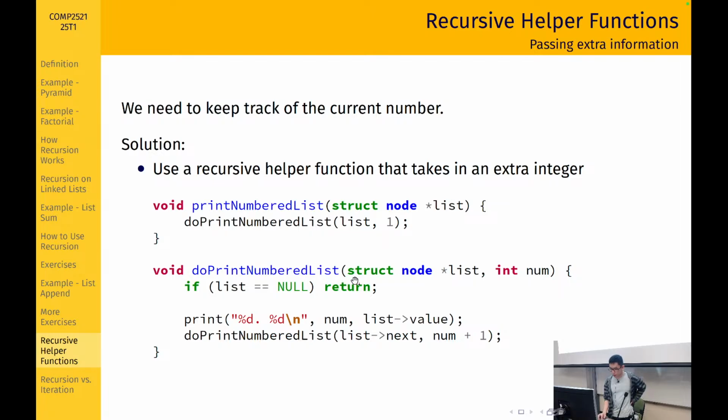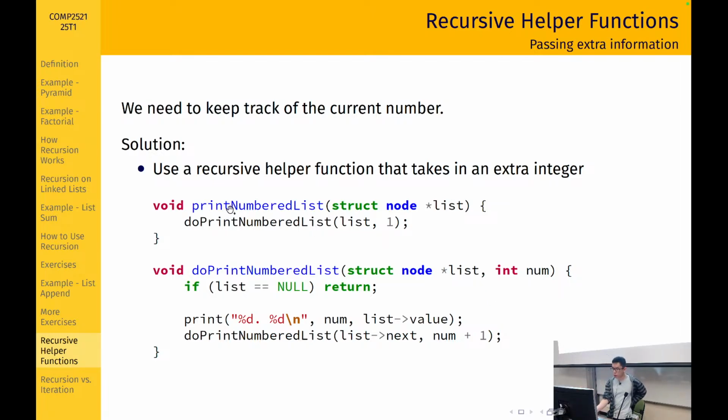So in our recursive helper function, we check if the list is empty, right? If the list isn't empty, then we print out the list item, list value, with the number before it, right? And then we recurse on the next node, but we pass in number plus 1. That way, in the next recursive call, we print out number 2 instead of 1.